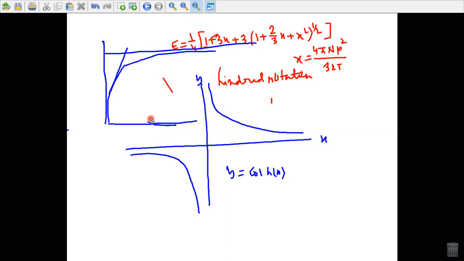So this is all about orientational polarization.